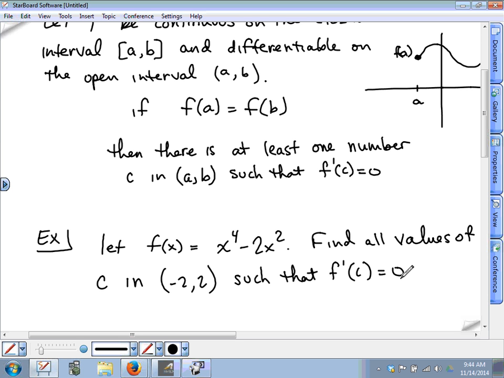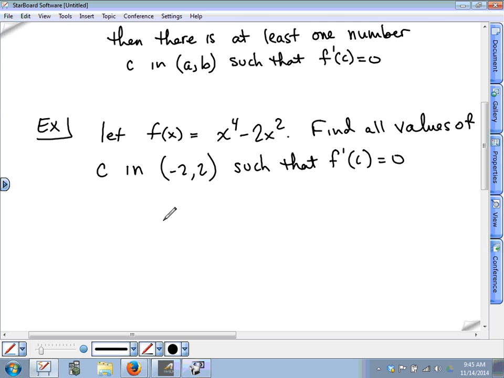No. So maybe we could apply Rolle's theorem. Because if f of negative 2 equals f of 2, then that guarantees that in that interval there's going to be some value c where f prime of c equals 0. Yes, so it's like doing step 3 first, basically finding out if there really is something you're going to find.